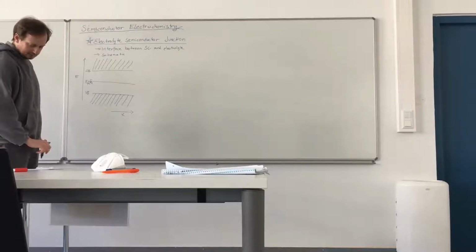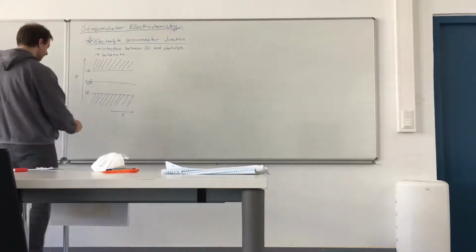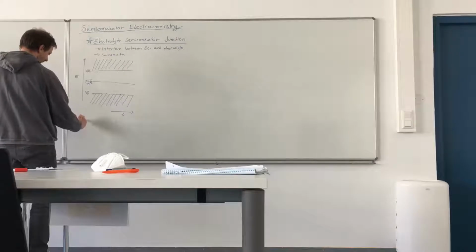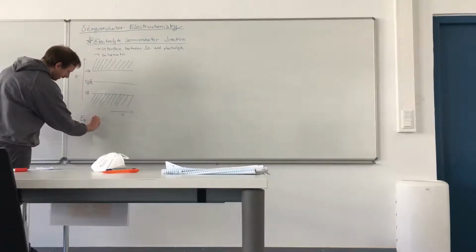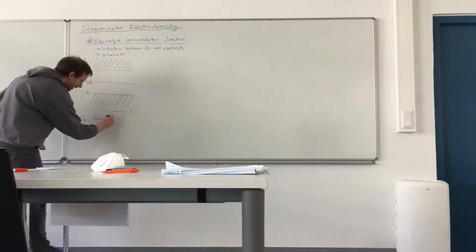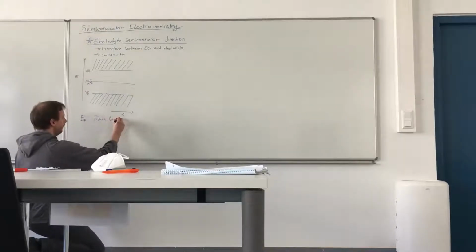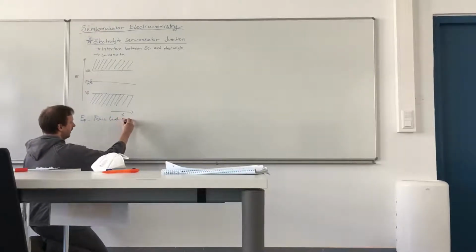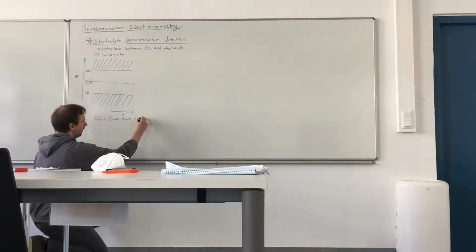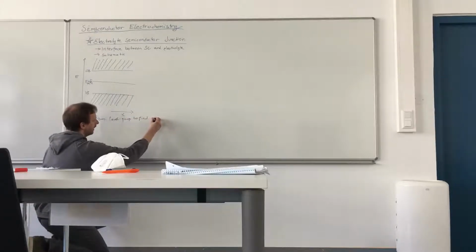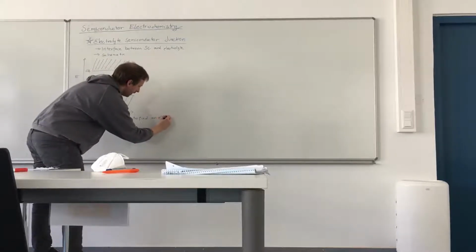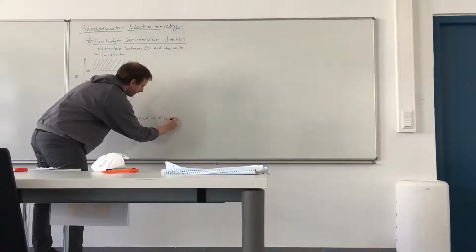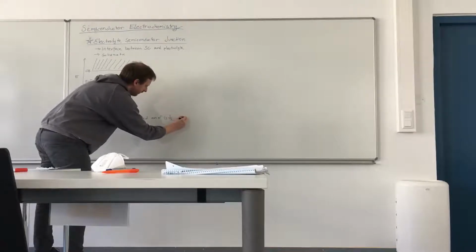So first, what is the Fermi level? One can define it as the energy at which the probability to find an electron is 1/2 at 0 Kelvin.